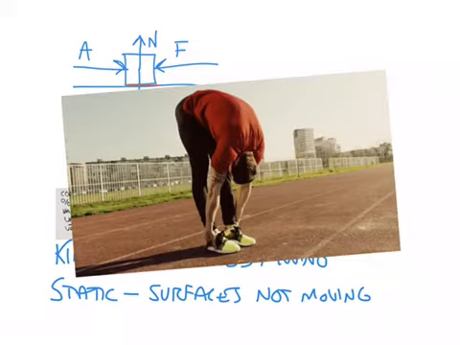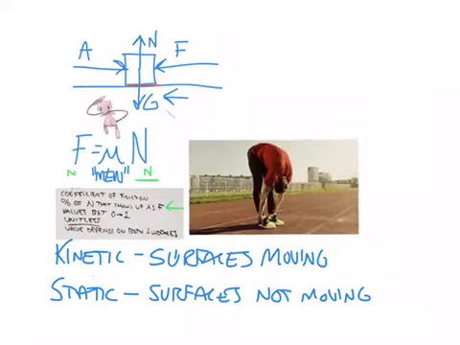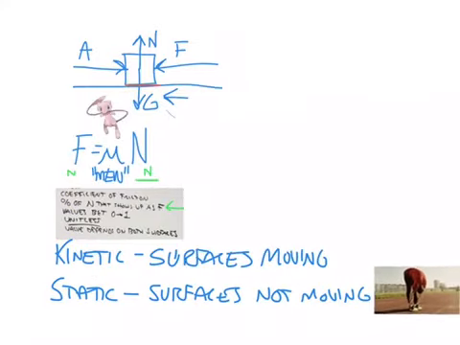With static, you can think of static stretching, where you just reach down, touch your toes, you're not moving. You might have done that in some of your phys ed classes or practices. So static, not moving. But the one thing I do want to change here is this moving, not moving. Let's make that sliding.